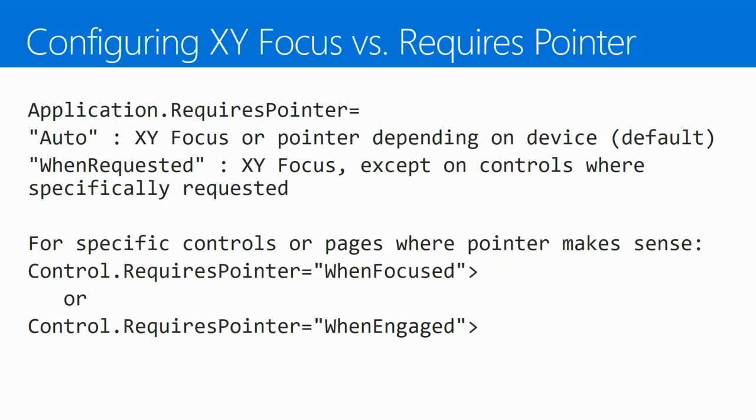So then if you have a web browser control, you can set the control.requires pointer to one of these two options, and then you'll get that mouse emulation inside that specific control, which is super handy if you are displaying web content in your app.